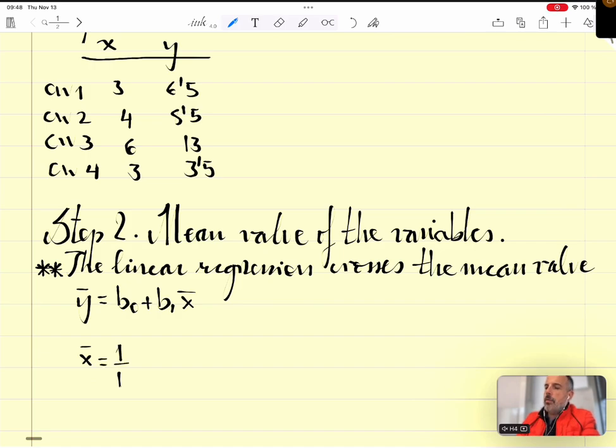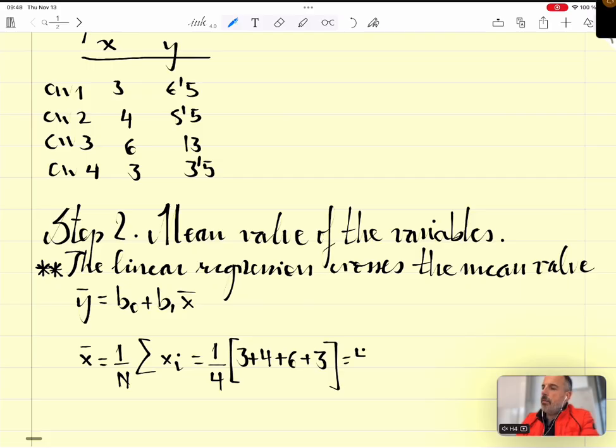generate our linear regression. So to calculate the mean value of x, it's easy. Okay, we have 4 data points, so this is just adding 3, 4, 6, and 3. This equals then 4.